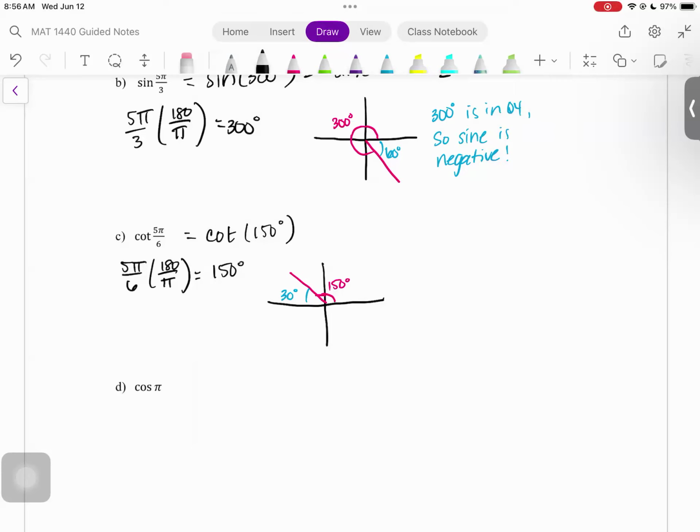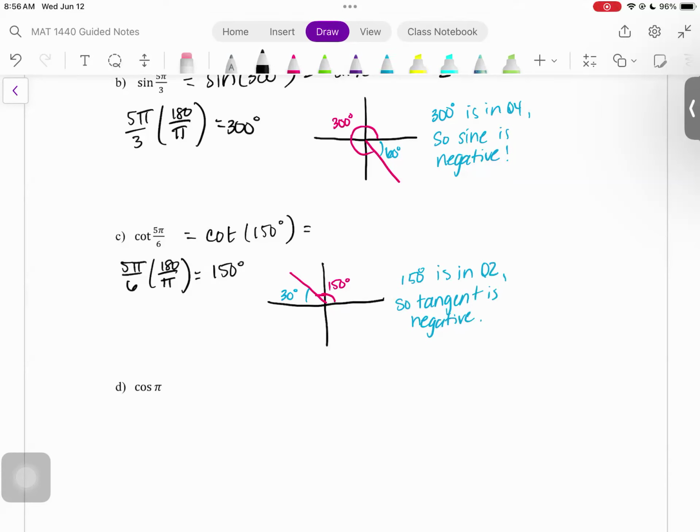Now in quadrant 1 and quadrant 3, we know that tangent is positive, which means that in quadrant 2, tangent is negative. Since tangent is negative, cotangent's also going to be negative.